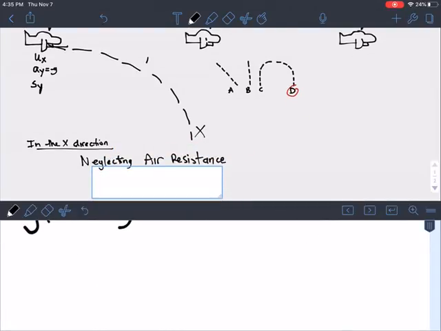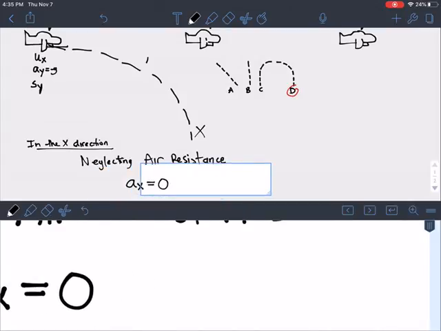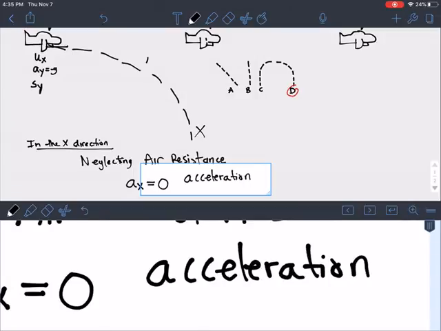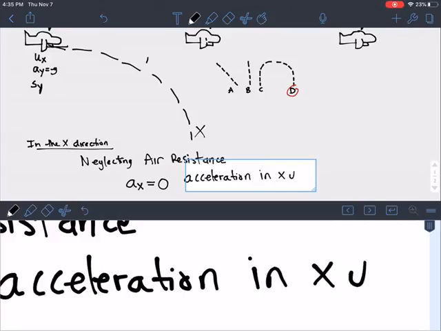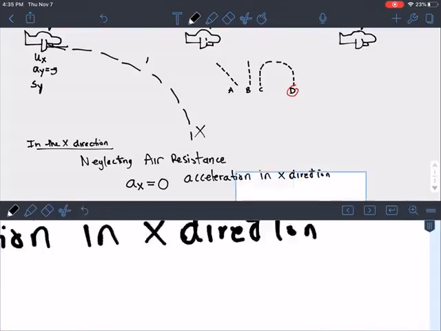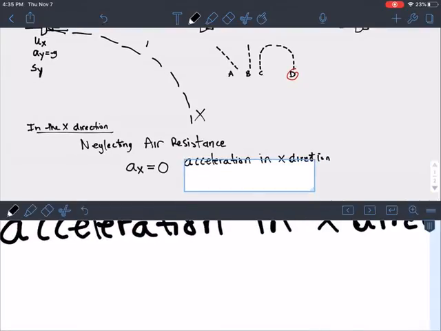Like I said, if we're neglecting air resistance, there's no force that's going to push it back the other way. If it's moving from left to right, it's going to continue moving left to right at the same speed. So that means that AX, or acceleration in the X direction, A subscript X, equals 0. In other words, acceleration in the X direction is always 0. So horizontally, acceleration is 0.